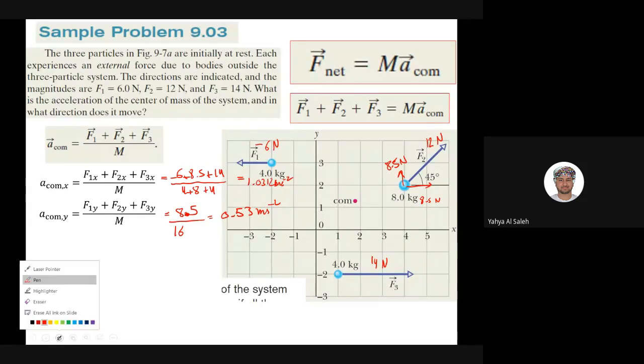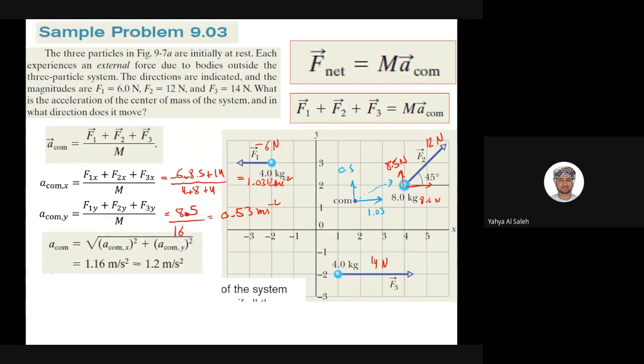So that means my acceleration is going to be 1.03 in this direction, 0.5 in this direction, which means the resultant would be along this angle. My magnitude of the acceleration will be 1.03 squared plus 0.53 squared, then square root, so about 1.2 meters per second squared.